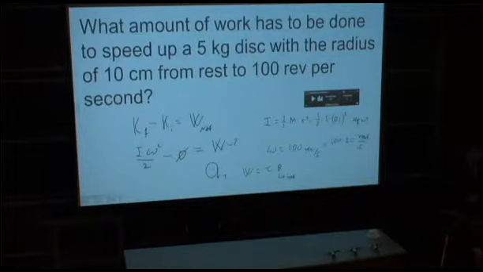So if we knew time, for example, or force, because torque also equals force times the lever arm, and for all situations like that, the lever arm is just equal to this radius. So we could find more variables here.